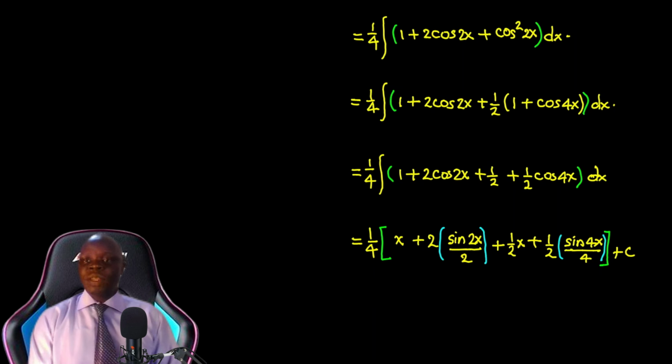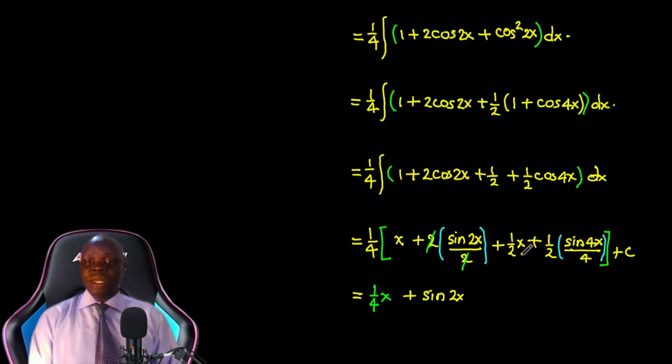So if you open up this bracket, the first term here becomes 1/4 x plus, now you can see here that this one can also cross. We're left with sine 2x. So we have here sine 2x.